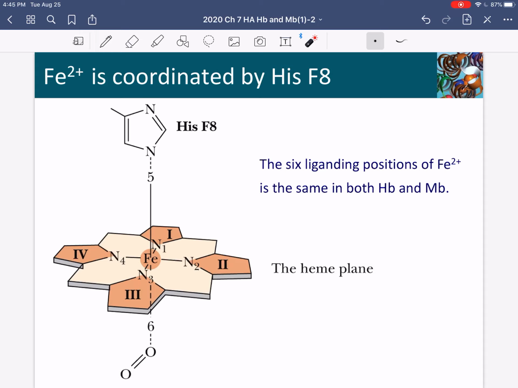So I want you to keep this geometry in mind, because the conformational change, that twisting of the jar lid, is going to affect the way that histidine F8 interacts with the ferrous iron when the oxygen binds or not.